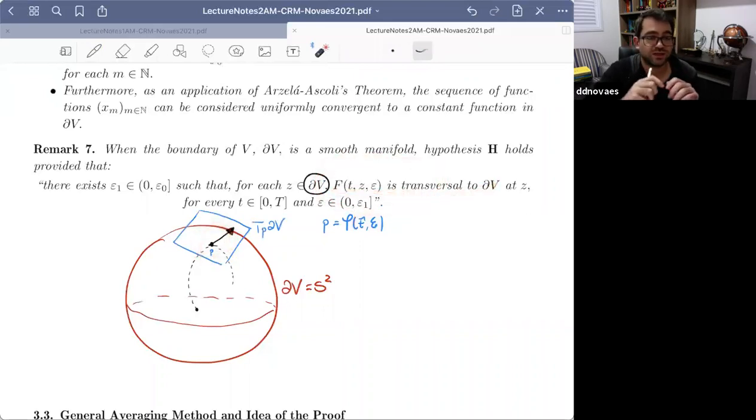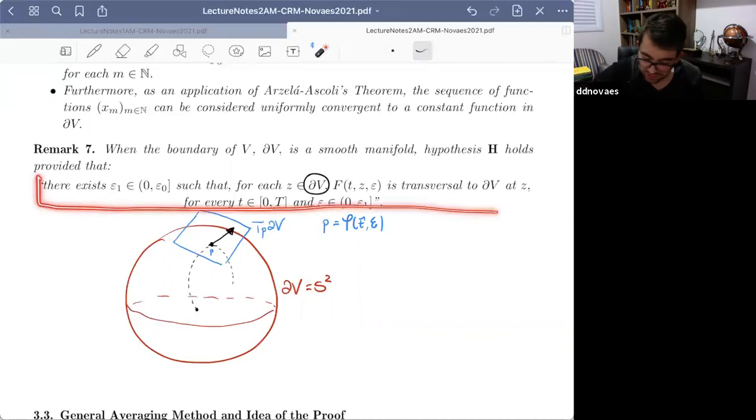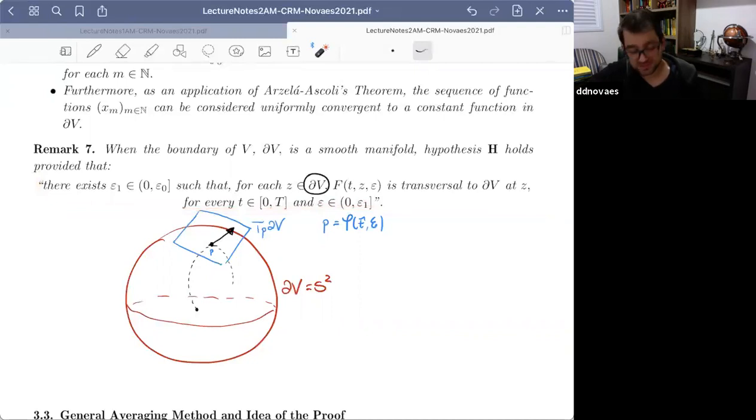It's not just about periodic solutions, but we cannot have trajectories of our differential equation that reach the boundary and then continue and go back to V. If it reaches the boundary, then it must leave and cross it transversally. So this is a geometric hypothesis that implies, in particular, that our hypothesis H is satisfied.